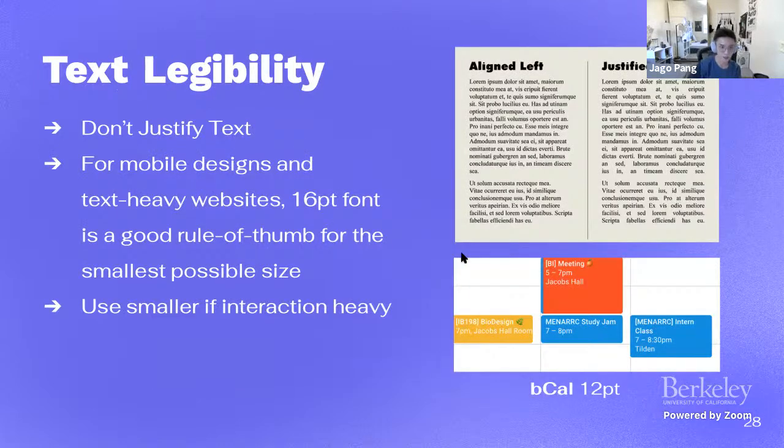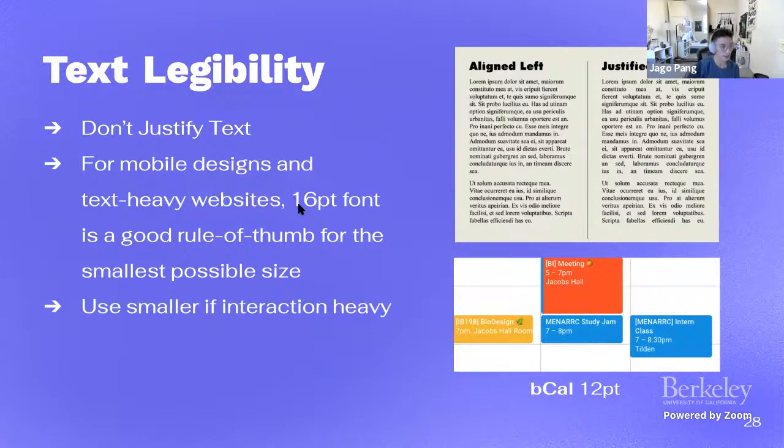And then in terms of text, this is more related to hearing disabilities, or just making sure it's legible. So don't justify your text. I think we mentioned this several times, that justifying text makes it a bit uneven, and left-aligned text is a bit easier to read.